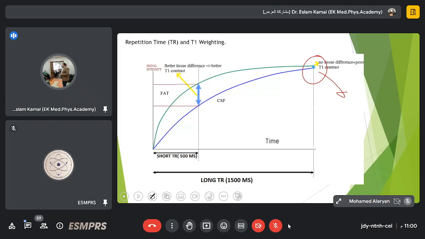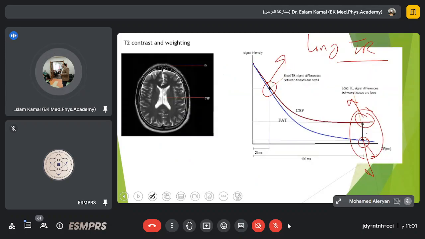That's why we select long TR in a T2 weighted image. Why? To cancel the effect of the T1 constant and to maximize the difference in T2 constant between the different tissues. So we have long TR in a T2 weighted image.